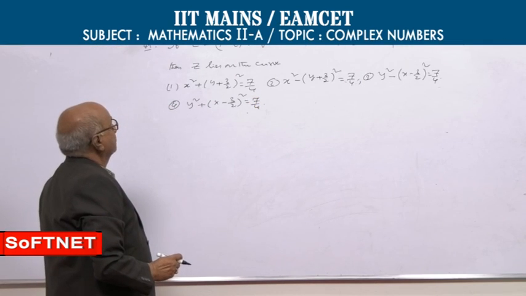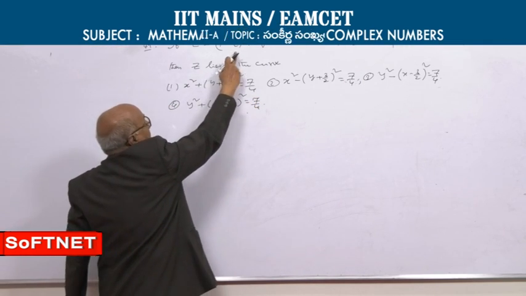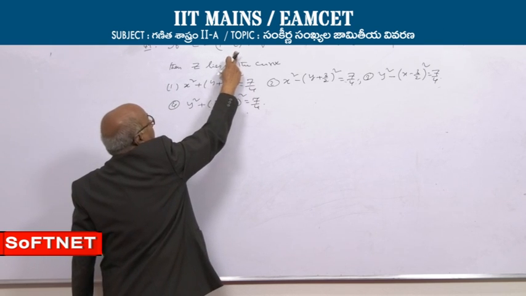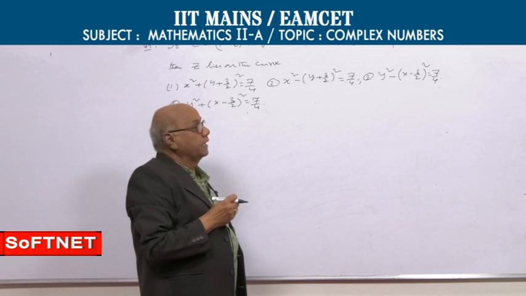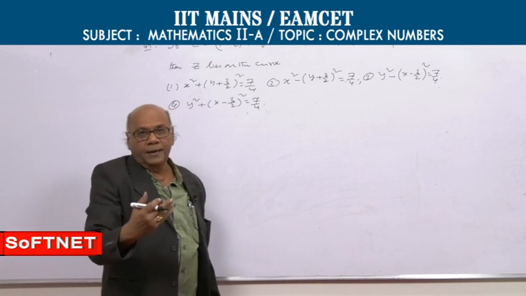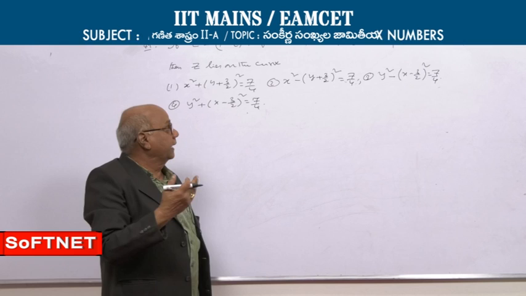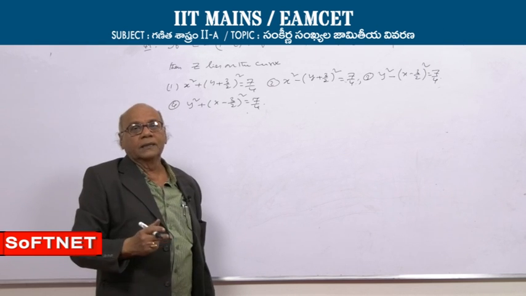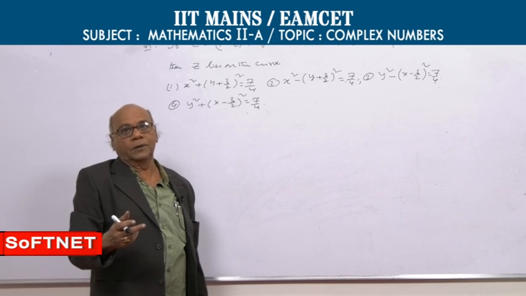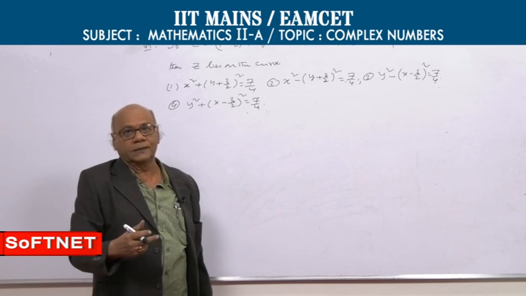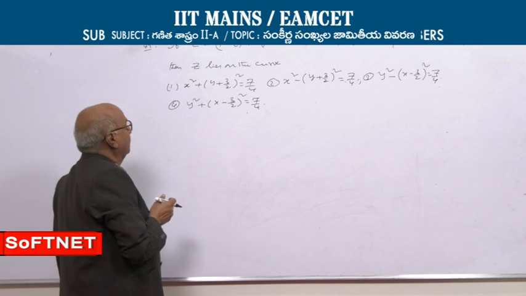Right. So that means here, if t varies, then z varies. That's why I have written t is a real parameter. Means if t varies, z also varies. When t takes real values, then what is the curve on which the point, the complex number z representing the point, lies? So the options are given.